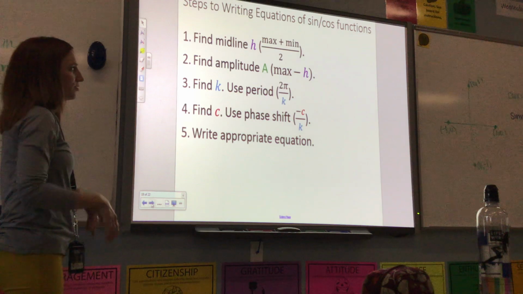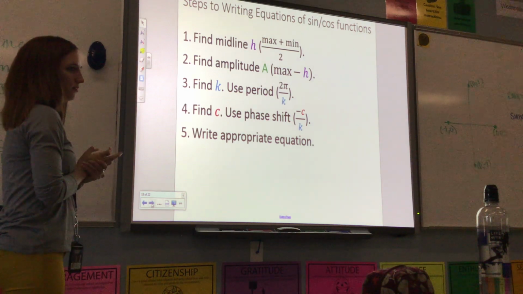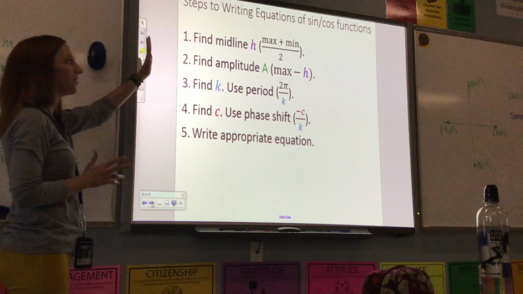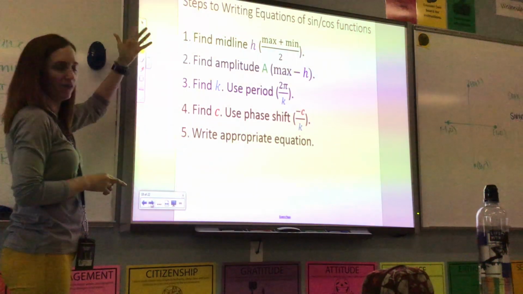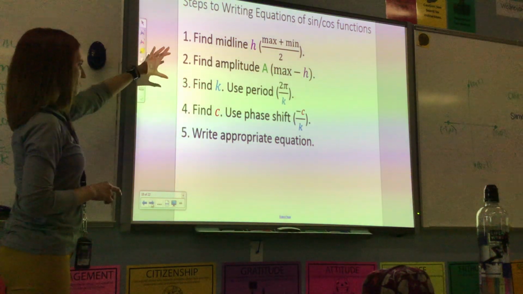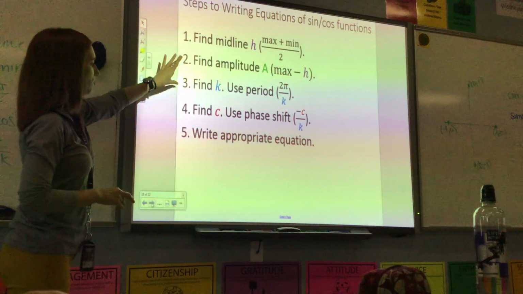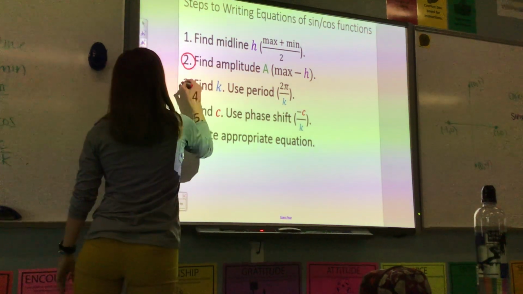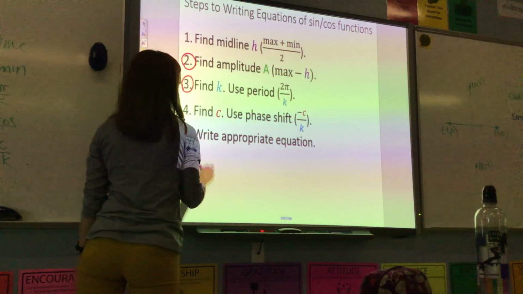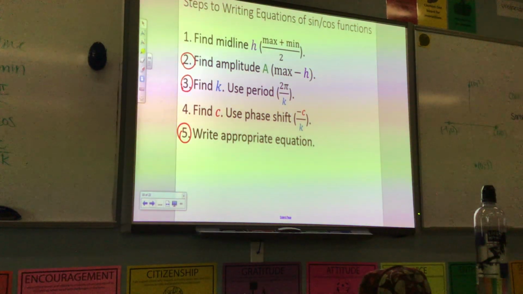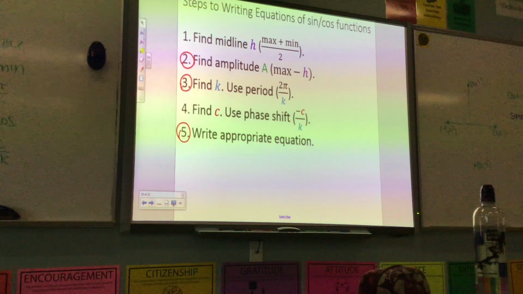So we want to write equations then? Do we have to learn how to do that? Yeah. Today it's real straightforward. Again, these 5 steps work if I give you everything. I'm not going to give you everything today. Just like before, we're only going to do like 2, 3, and 5 this time, because I want to give you a phase shift or a vertical shift. But you're going to write equations for everything too.